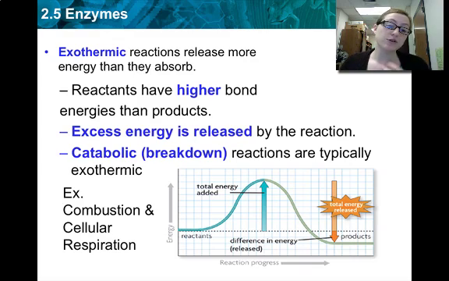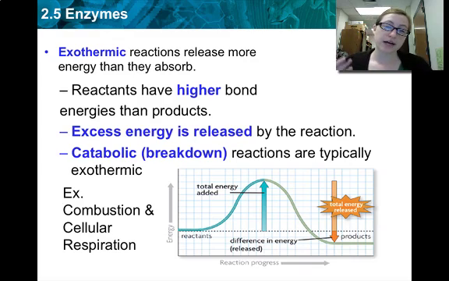So, for example, when you look at cell respiration, we take a really complex sugar molecule and we break it apart into pieces. So, in order to break it down, we have to input energy, right, to break those bonds. But then when those bonds reform into new molecules, those energies are so much less that it actually gives off more energy than it had absorbed.